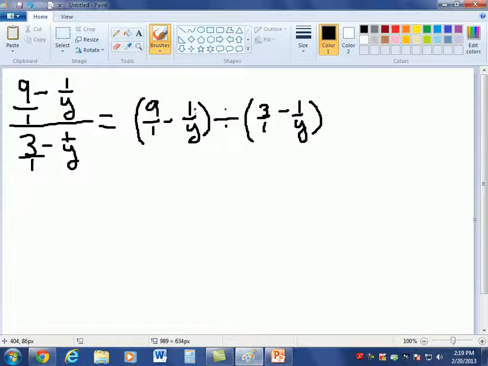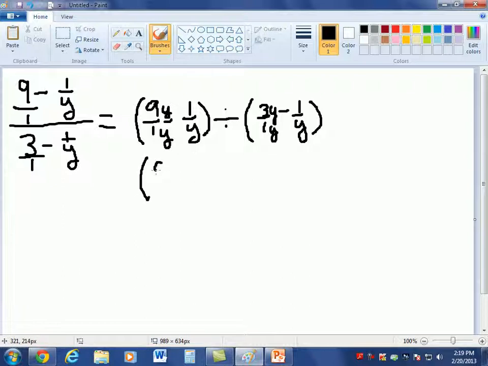Now we want to get a common denominator so we can do this subtraction in here. What do we have to do? Multiply the 9 over 1 by y over y. It's also going to be 3y over y. And 1 over 1, we don't actually have to do that because 1y is what? Y. So now these have the common denominator y. Same thing by just multiplying this first one by y over y.